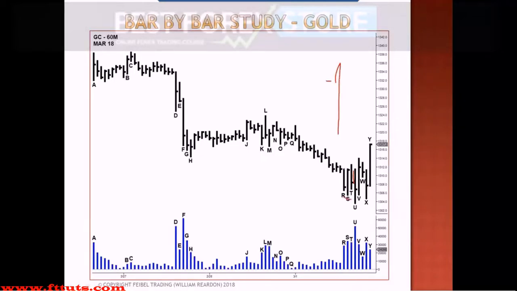It dips under all this price action here and then reverses to close near the middle. And we do make a new low. But it is closed very much off the lows with all this volume.